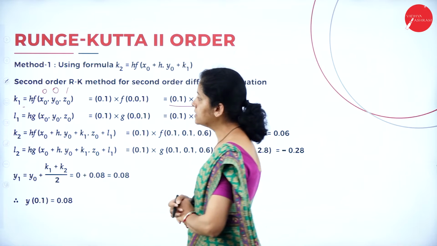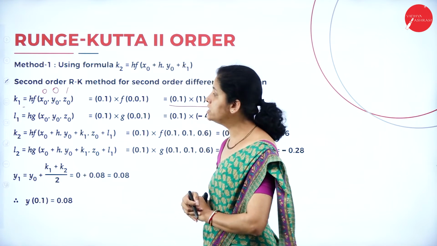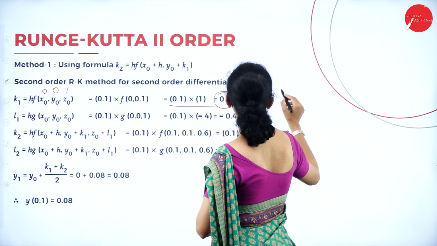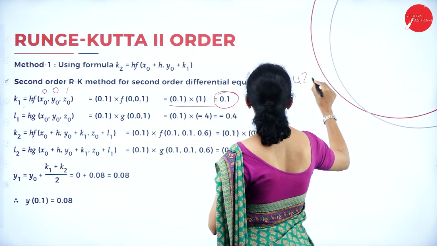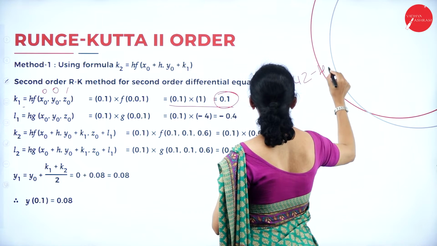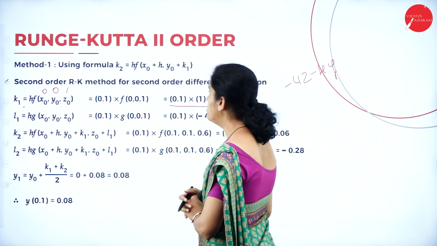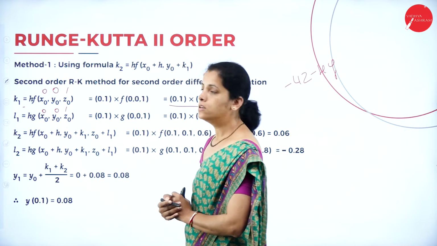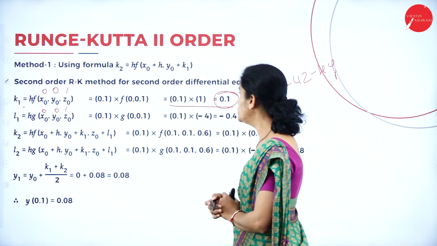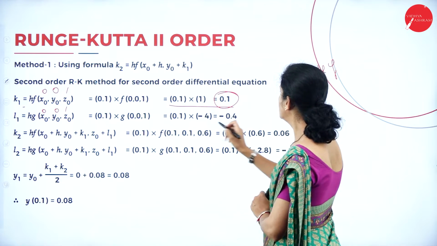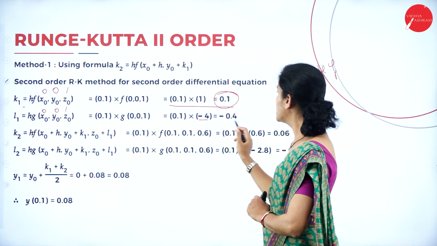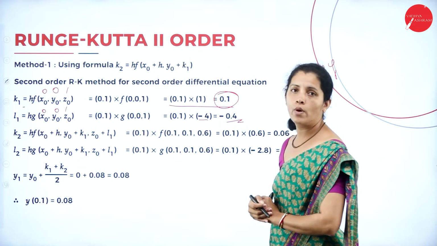Now L1 is h into g, where g is minus 4z minus 4y. Once again 0, 0, 1: 0.1 into z, which is 1, so I get minus 4. When I multiply, I get the answer minus 0.1.